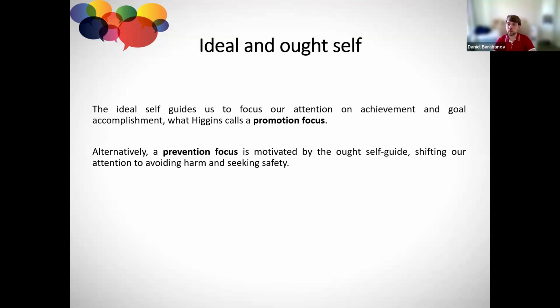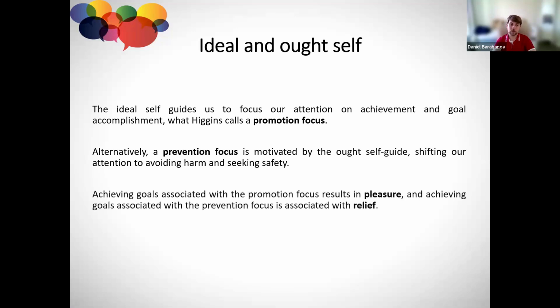We want to do what we are obliged to do. And we seek safety that, yes, I performed all my duties quite well. I did a good job. I did everything I promised to other people, and thus find safety, right? So it's different. Prevention focus and promotion focus, very different guides to what you should do, and when and how you should do different things.